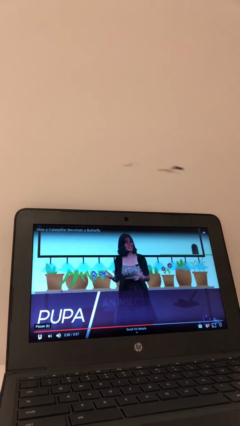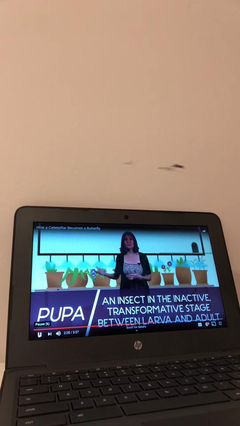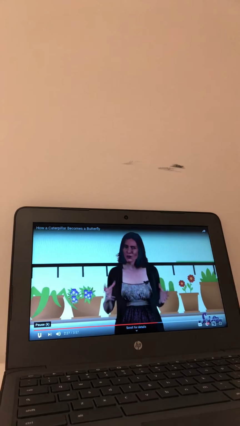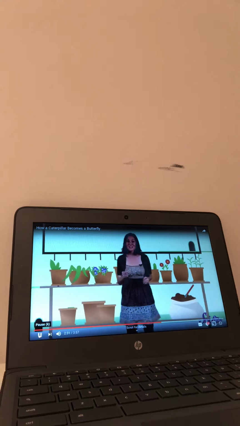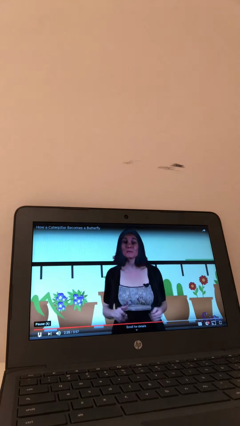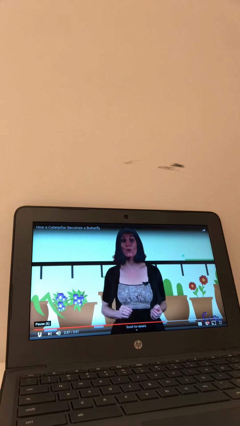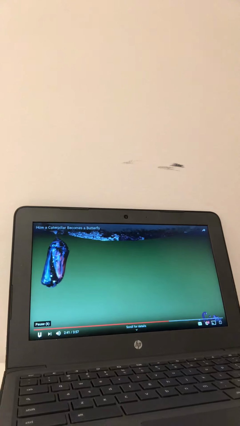A pupa is an insect when it's in between being a baby, like a caterpillar, and an adult, like a butterfly. The chrysalis has a hard shell to protect the soft pupa while it changes into its adult form. Inside, it regrows its 6 legs and antenna and adds wings. The pupa stays inside the chrysalis for 10 or more days, and then one day, the chrysalis moves, and it slowly cracks open, and the butterfly crawls out.